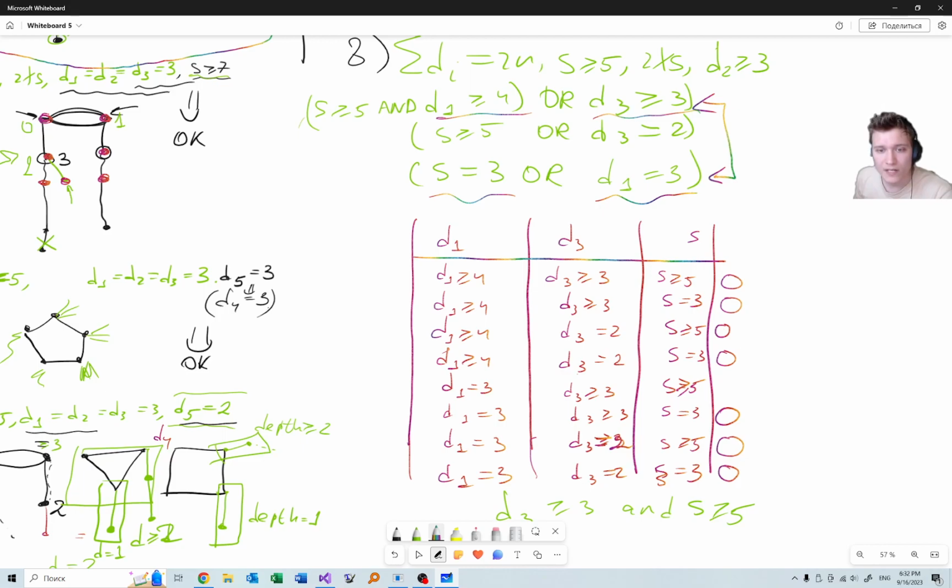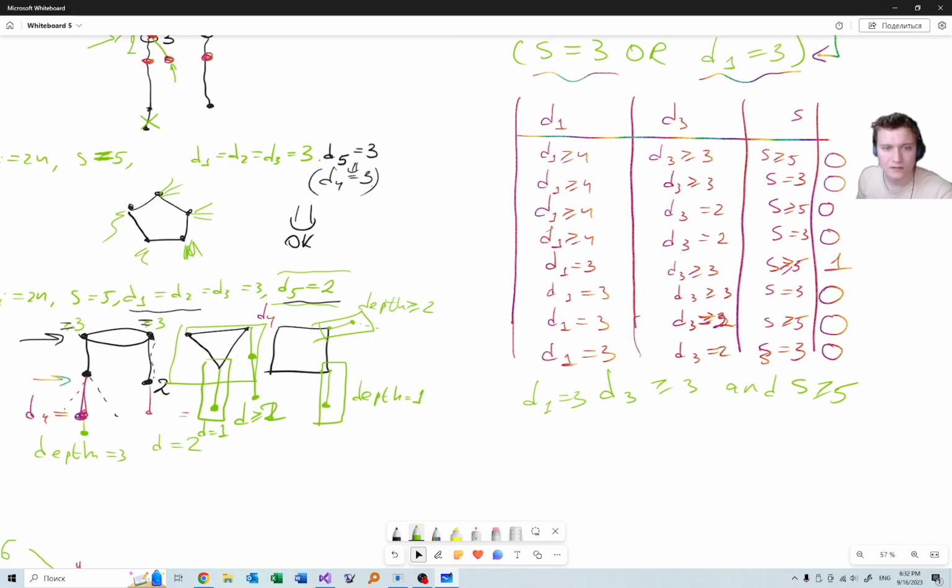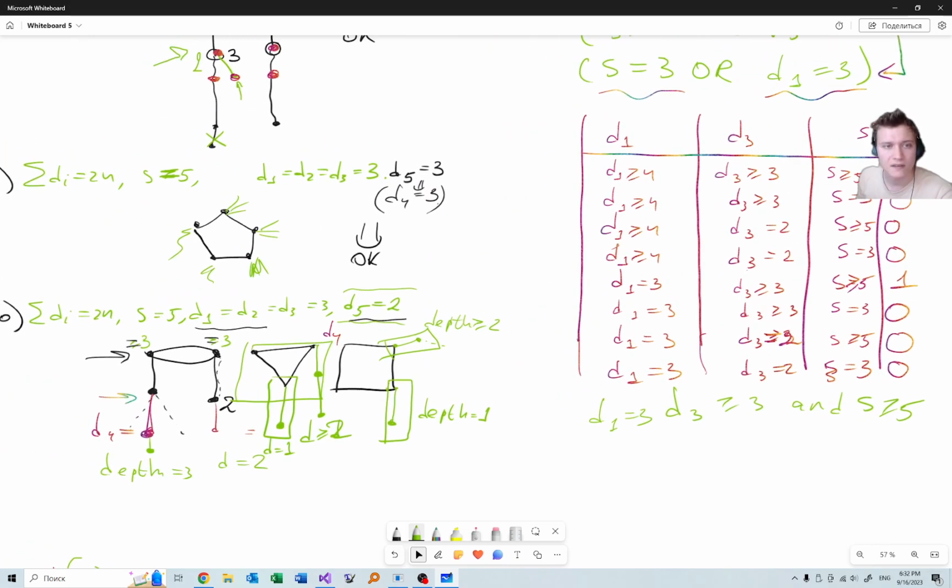So now we have only this one, which is s is at least 5, d3 is at least 3, and d1 is 3. Which is enough to say that all these three things are 3. So this is true and this is true.